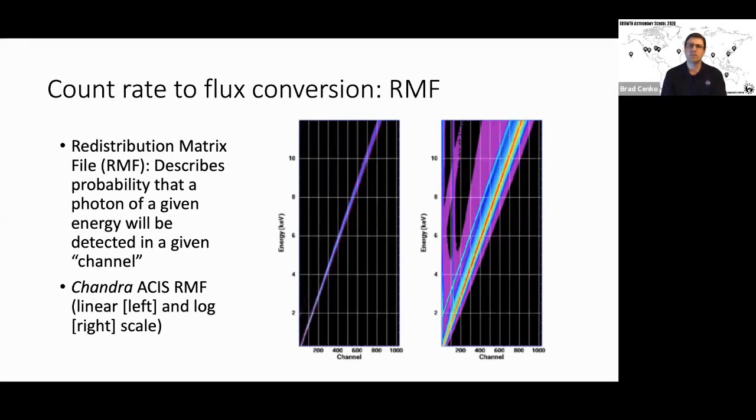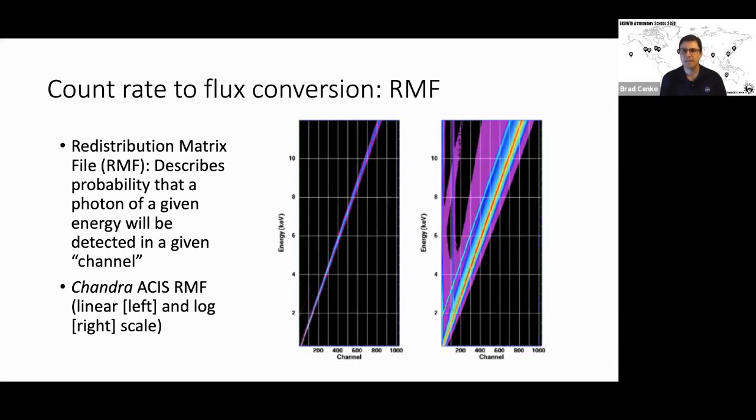You need 2 particular pieces of calibration. One is called the RMF, or the redistribution matrix file. I think most people don't even know what that stands for, so you can just call it the RMF. This is effectively just telling us the probability that a photon of a given energy will be detected in a given channel, or in a given energy band, if you will.